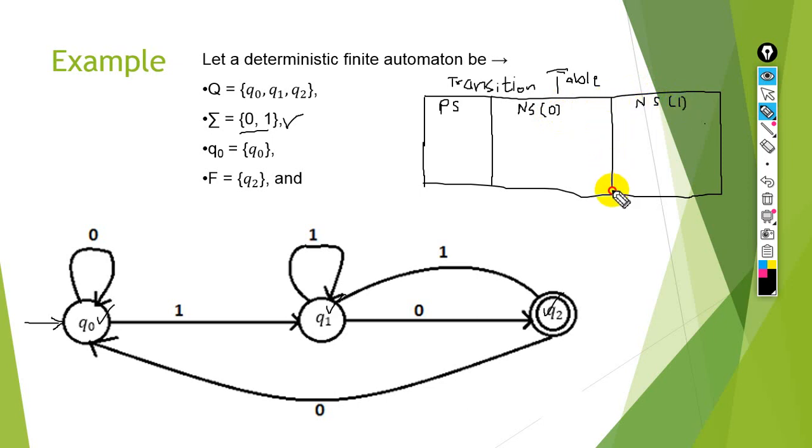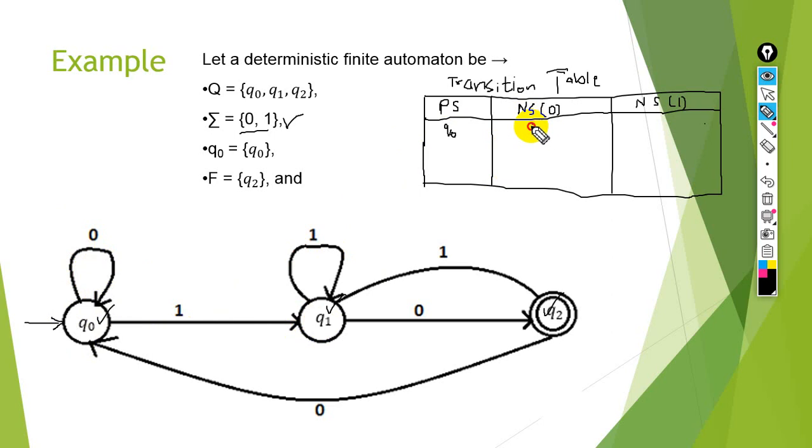Now, what are the present states that we have? First we have Q0, which is the initial state. From Q0 the transition of 1 moves toward Q1, and the transition of 0 moves from Q0 to Q0.